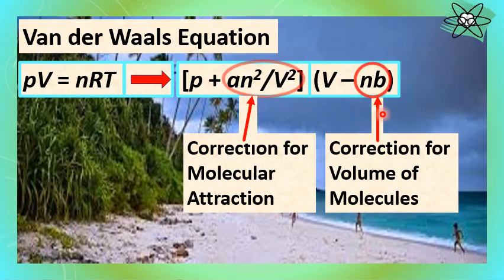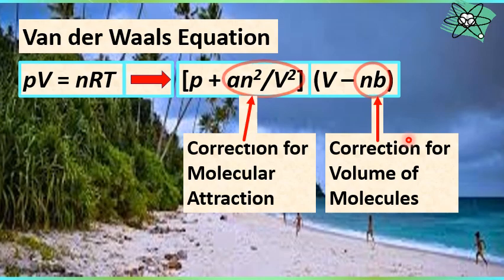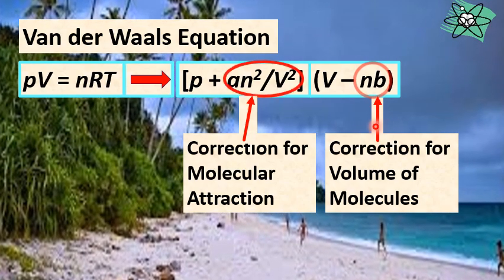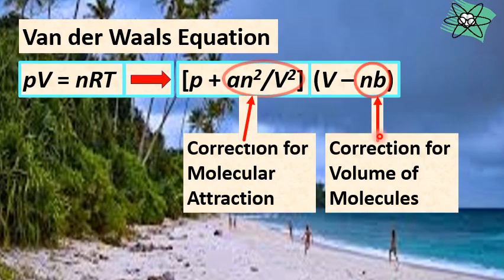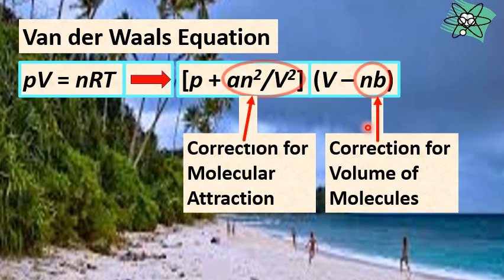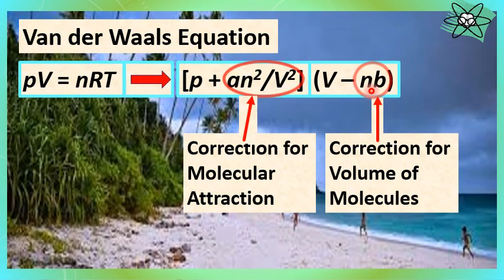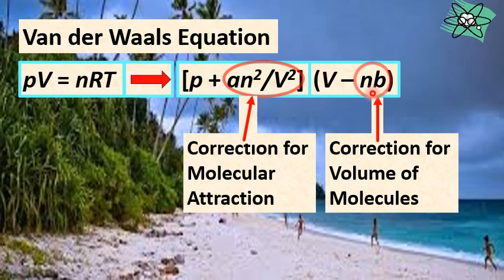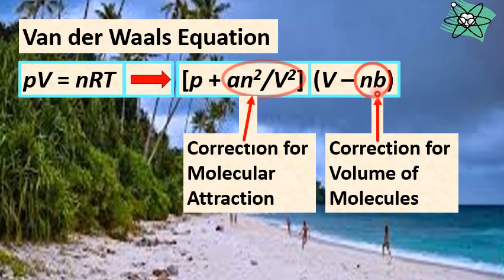The second correction is to account for the volume of the gas molecules. It is expressed as the volume V minus the product nb. n, of course, is the number of moles of the gas, and the constant b, right?